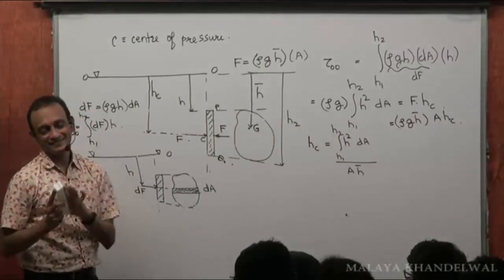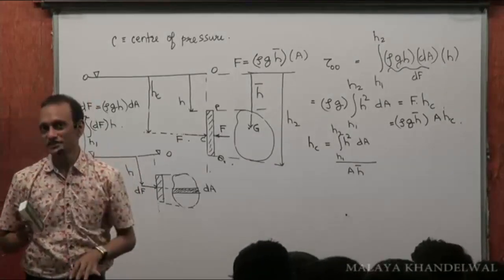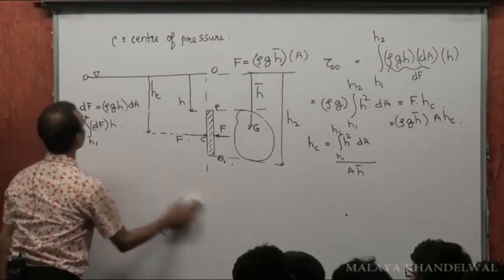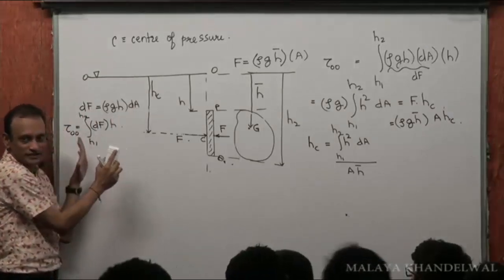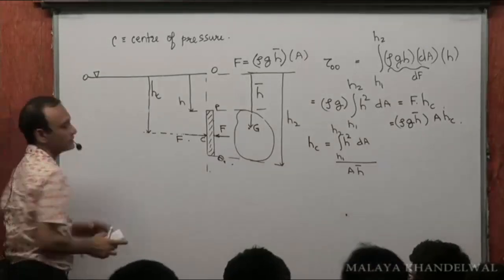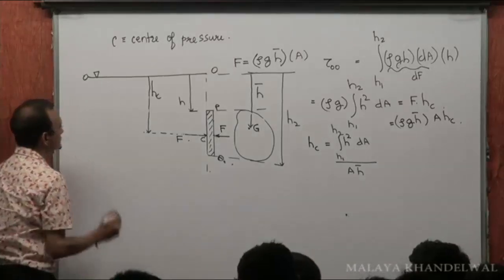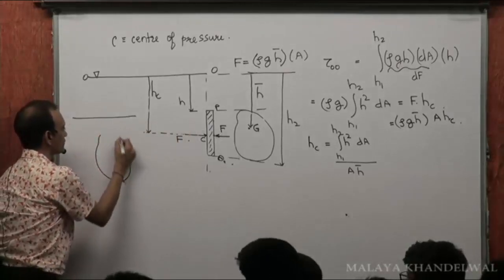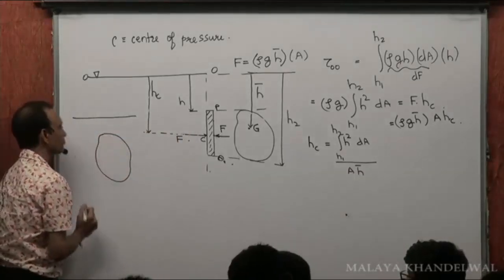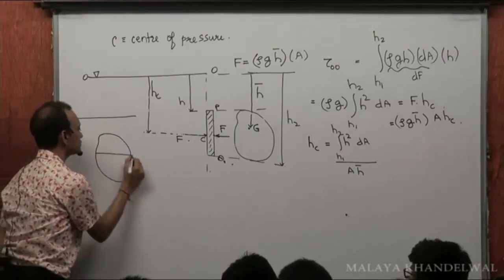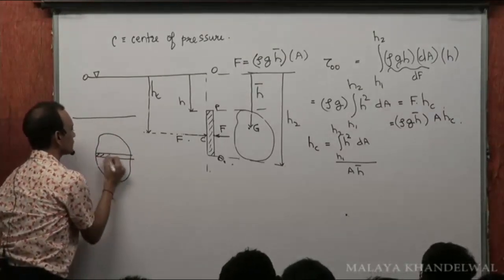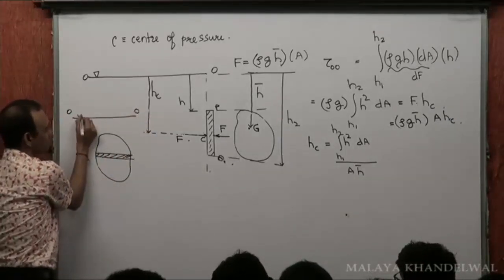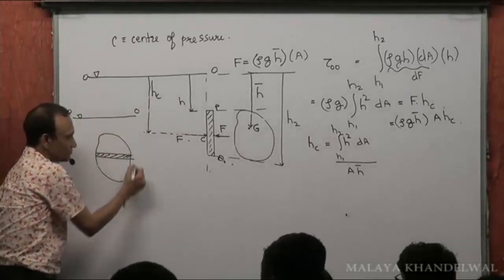Now I'm going to go back to moment of inertia. You remember how we computed moment of inertia? Can I remove the clutter from you? Say the same surface seen from here. I want to compute the moment of inertia about OO, which is the free surface of this submerged surface.